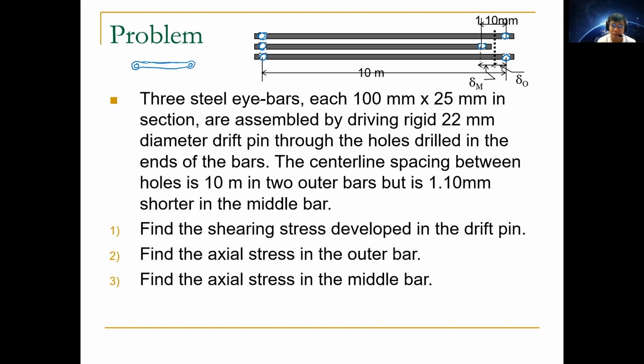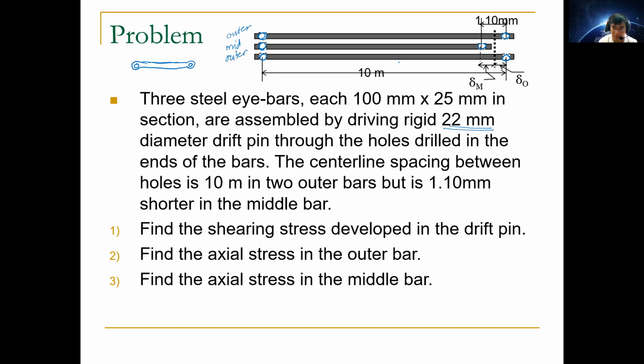Our drawing earlier looked square, right? But it should be circular because usually the pin is circular. So the rigid pin is 22 millimeters in diameter. The center line spacing between holes is 10 meters. This one is the outer, this is the middle part, then this one is outer.